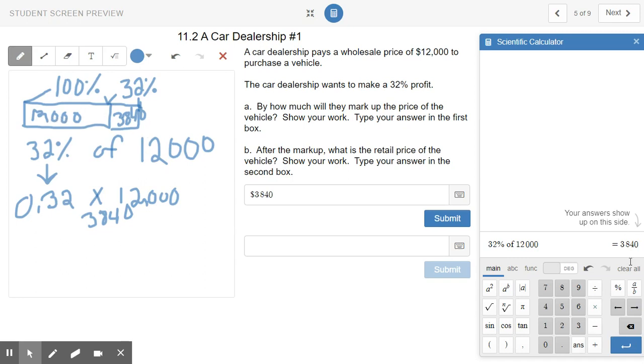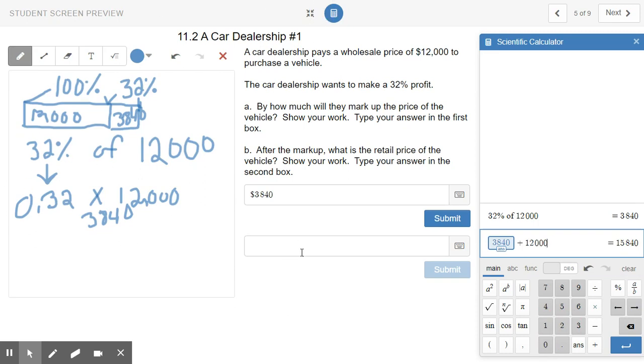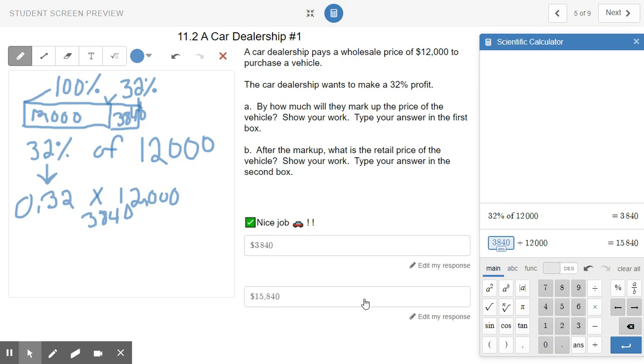So we really just take this answer here and add it to the $12,000. So the price of the vehicle after the markup is $15,840. We can submit these to see if we got those correct. Great, we got those correct.